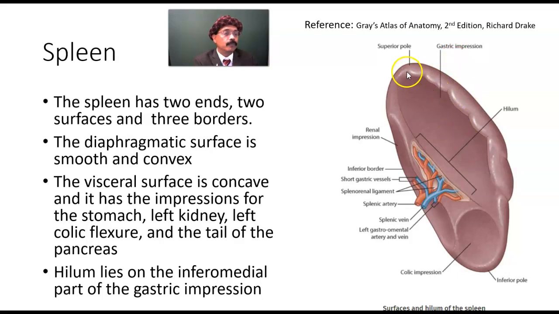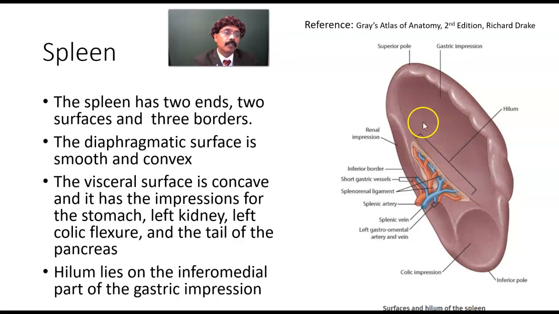Two ends means two poles, inferior pole and superior pole. The diaphragmatic surface is smooth, and it is related to the left dome of the diaphragm. The visceral surface is concave with multiple concavities because it is in contact with multiple viscera.